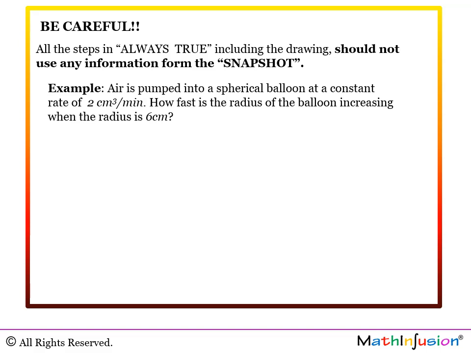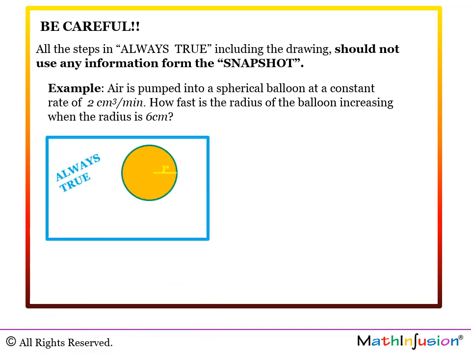Example. Again, look at this problem. Air is pumped in the spherical balloon at a constant rate of 2 cubic centimeters per minute. How fast does the radius of the balloon increase when the radius is 6 centimeters? This should be the right drawing in the always true.